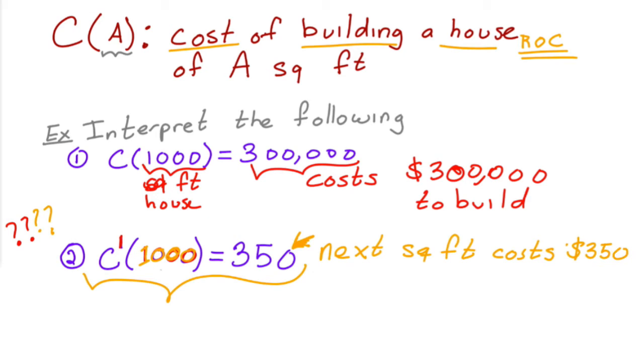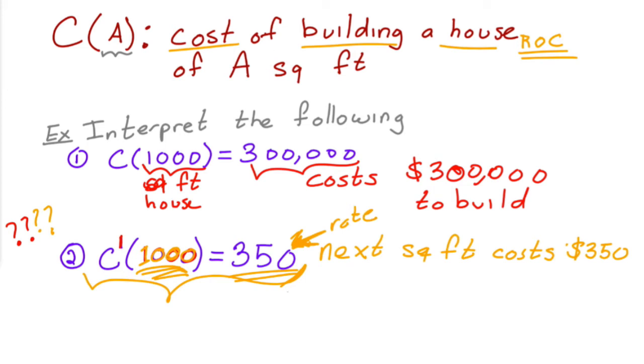That doesn't mean that if you want to build 1,000 more square feet it's going to cost $350 each one. It's just telling you that exactly at that instant where you've built 1,000 square feet, if you want to add one more square foot, it's going to cost you about $350 for that one square foot, because that's the rate at which the cost is increasing.